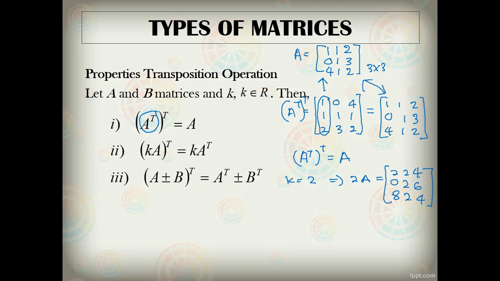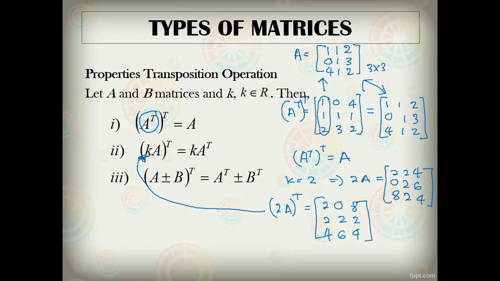And then I transpose this matrix. So I will get 2, 0, 8. The first column will become the first row. Second column 2, 2, 2 becomes the second row. The third column 4, 6, 4 will become the third row 4, 6, 4.